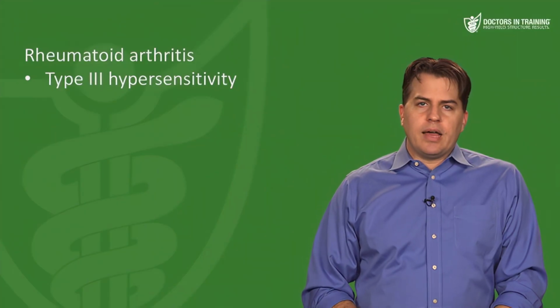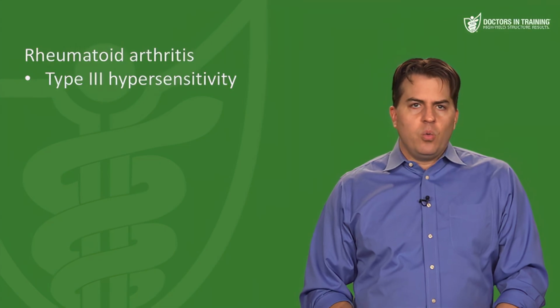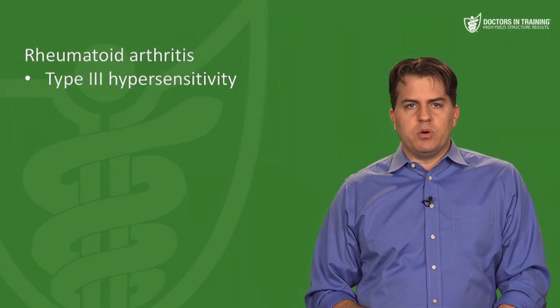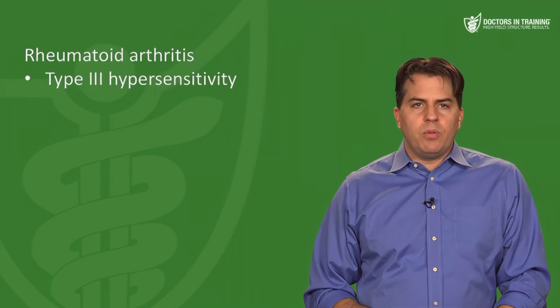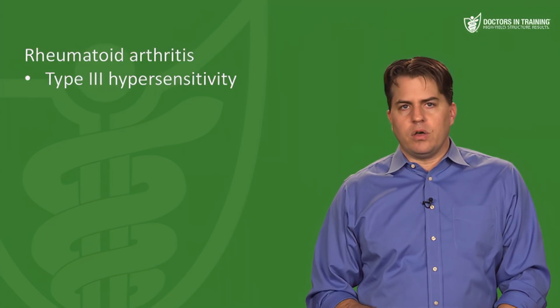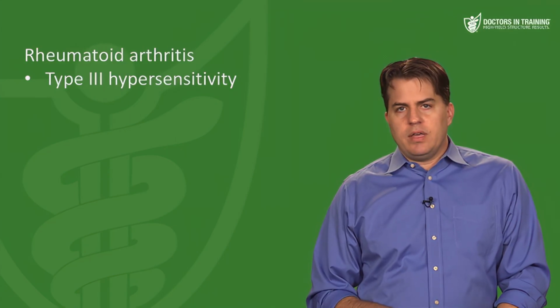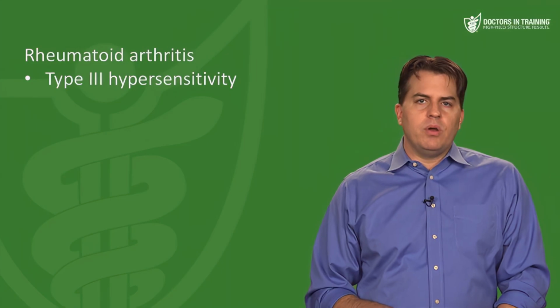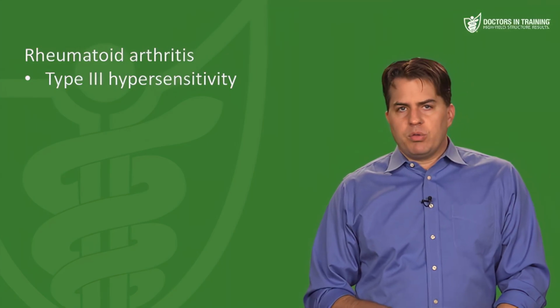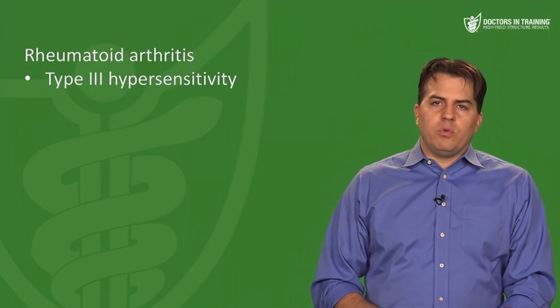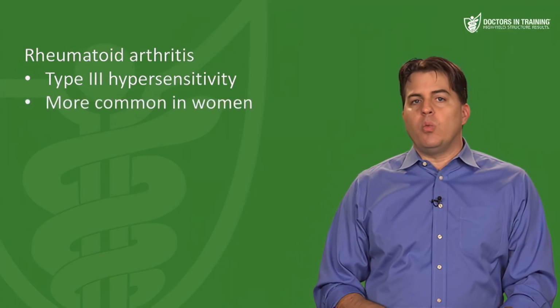Rheumatoid arthritis is a type 3 hypersensitivity where there are autoantibodies that bind to soluble antigens in the blood and form immune complexes. And those immune complexes get deposited in the tissues and cause trouble. We'll talk about those different types of hypersensitivity in immunology, but for now just remember, rheumatoid arthritis is a type 3 hypersensitivity. Like a lot of autoimmune diseases, rheumatoid arthritis tends to be more common in women.